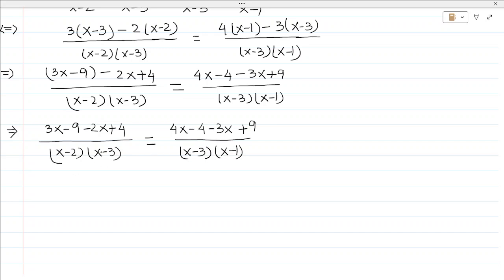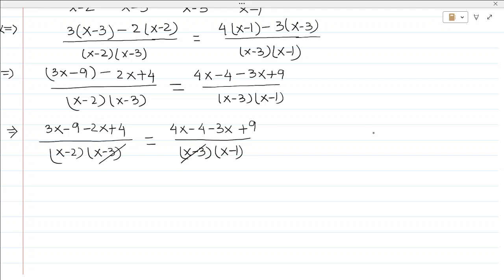So see, x minus 3 is present in the denominator on both sides. Either we can cancel it directly, or we can write that we are multiplying both sides with x minus 3 and cancelling. We are directly cancelling it.